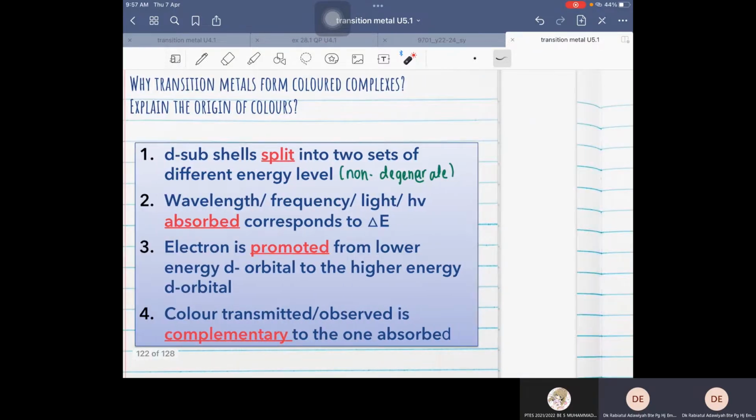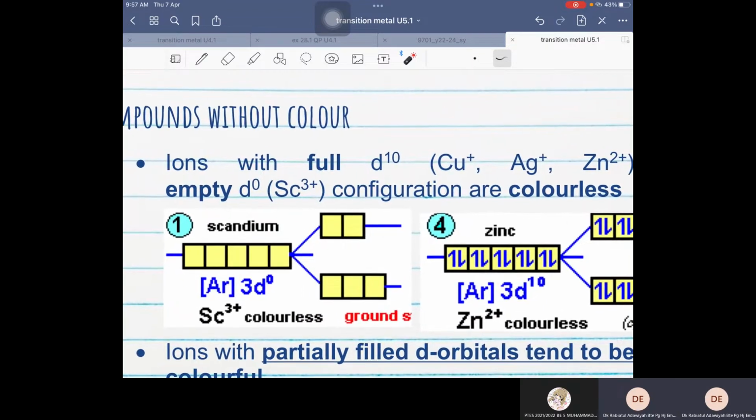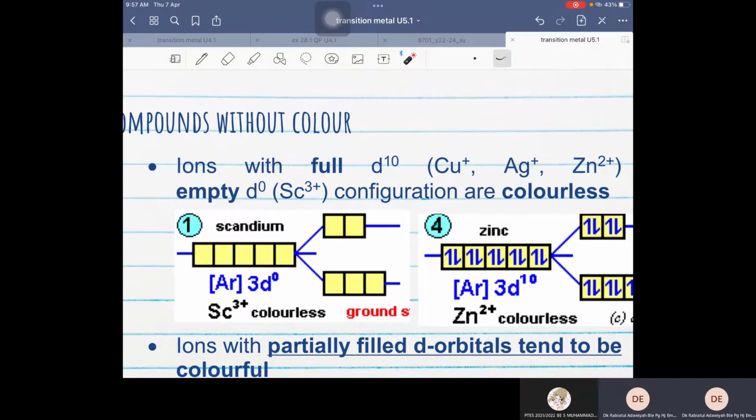So we're going to look at the complex ions that are colorless first. Here, for example, scandium. Scandium has an electronic configuration of 4s2 3d1. Scandium ion Sc3+ means we lose the 2 electrons from 4s and 1 electron from 3d.